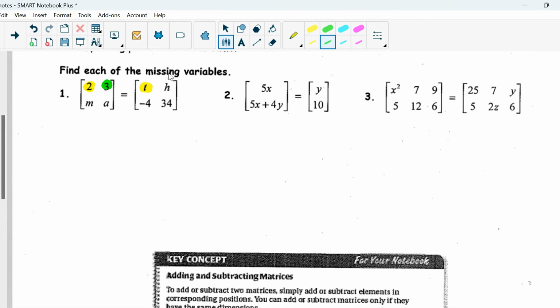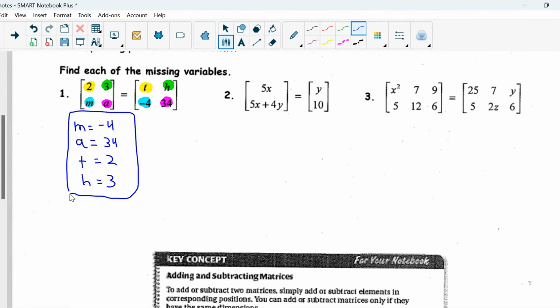Same goes with 3 and H, M and -4, A and 34. If we're solving for M, we know that M equals -4. A equals 34, T equals 2, and H equals 3. That is all we have to do to solve for our missing variables.